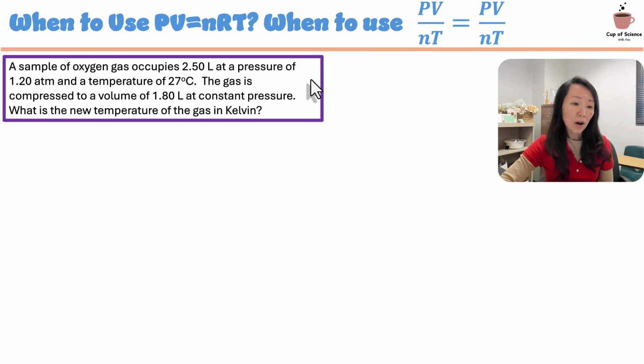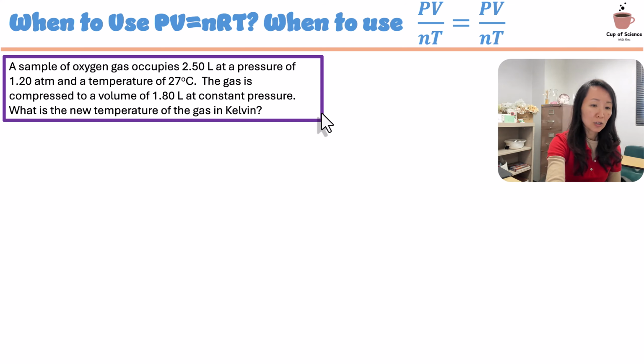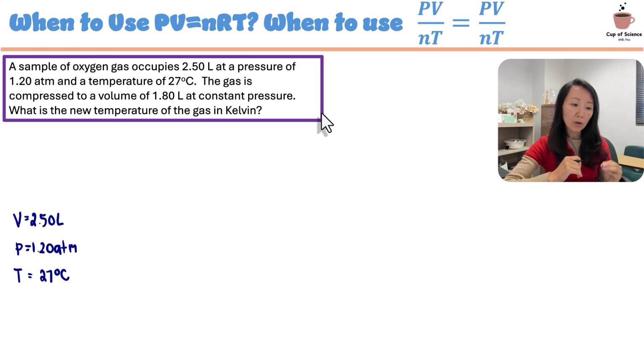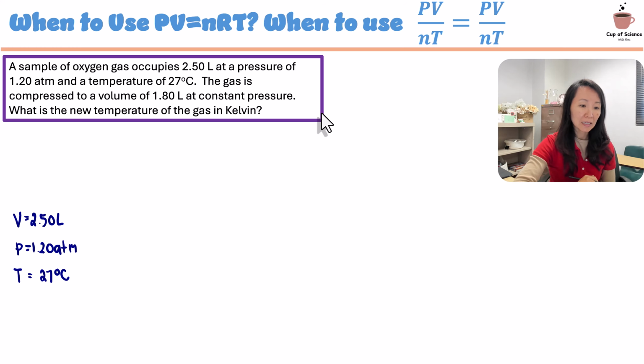Let's take a look at this problem here. A sample of oxygen gas occupies 2.50 liters at a pressure of 1.20 atm and a temperature of 27 degrees. So I'm going to write that in a list format. I have my volume, which is 2.50 liters, pressure 1.20 atm, and temperature 27 degrees Celsius. The gas is compressed to a volume of 1.80 liters.